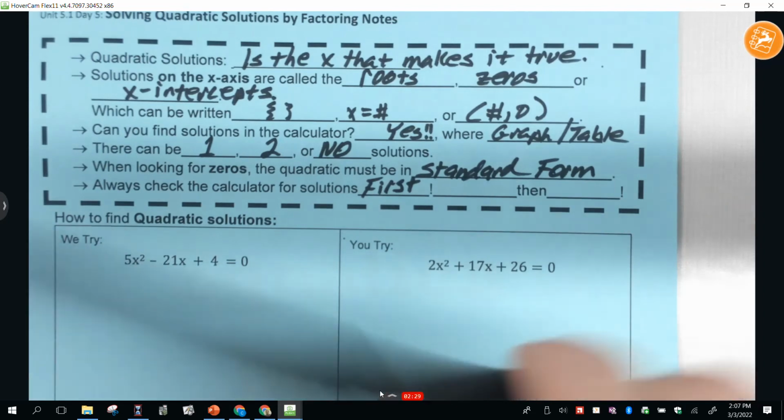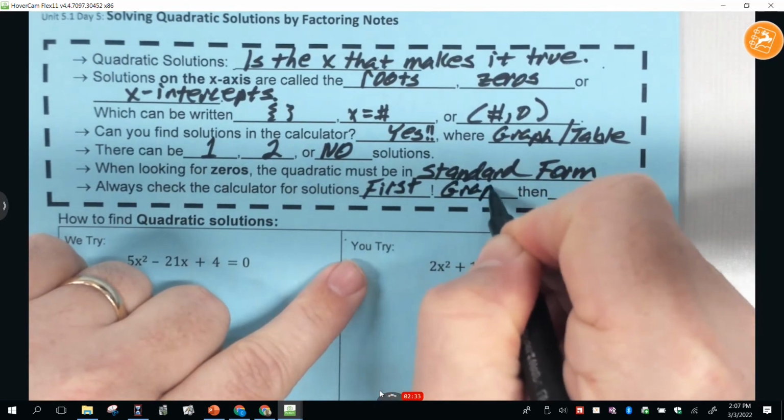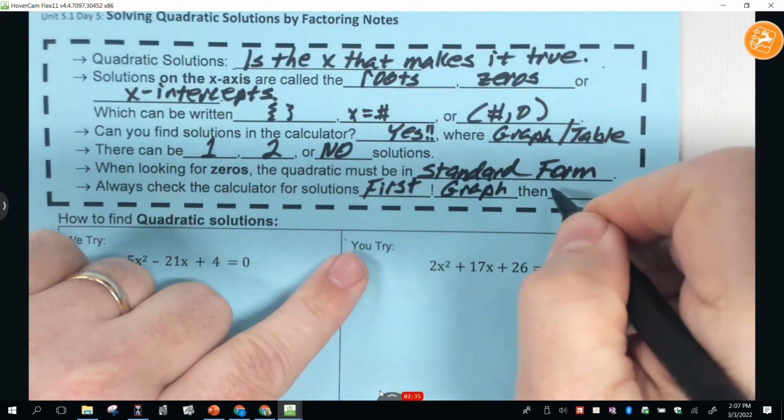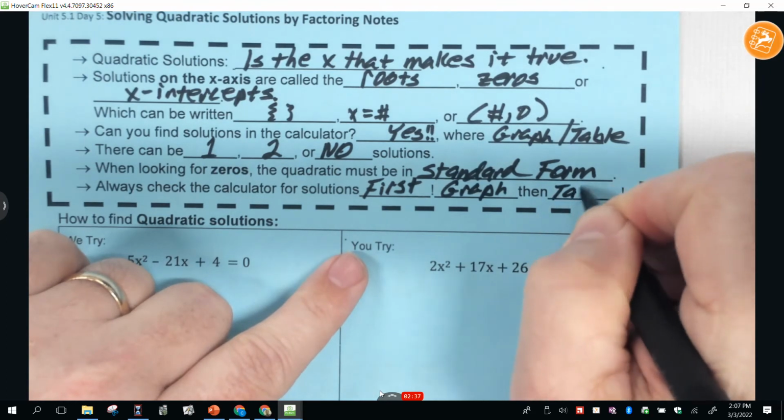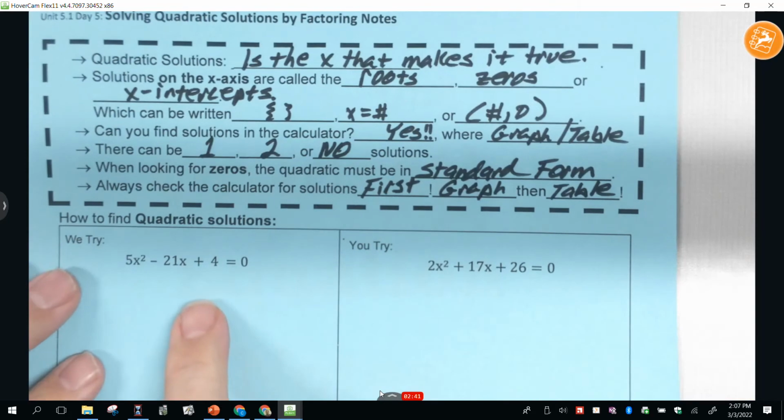We'll look at the graph, and if you really can't tell from the graph, then you can look at the table. So let's look at the first one here.